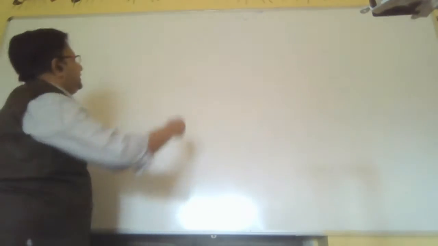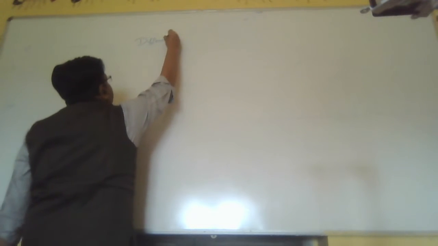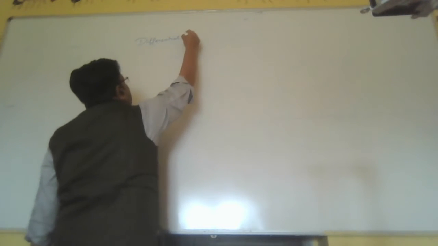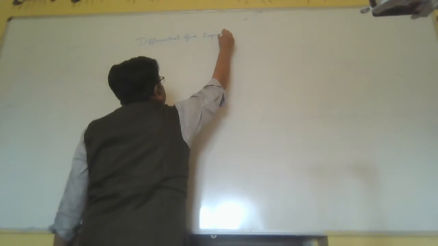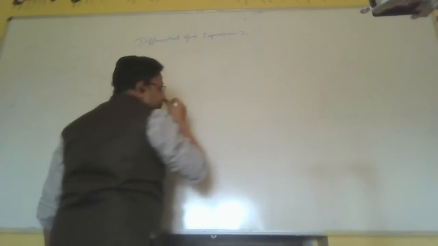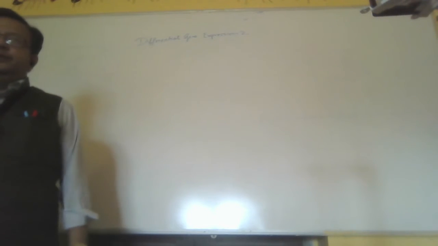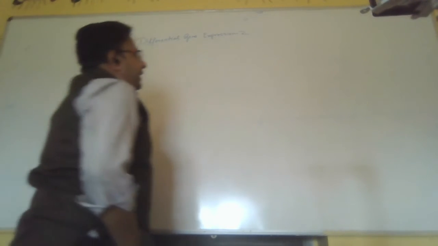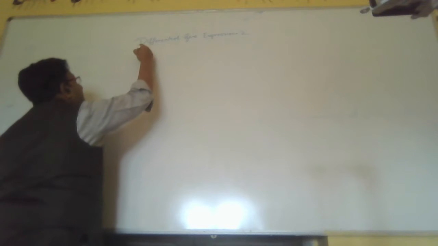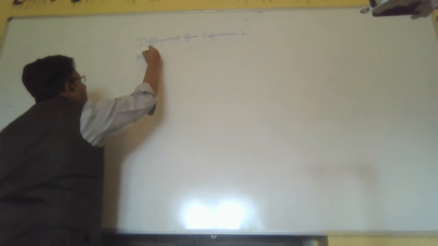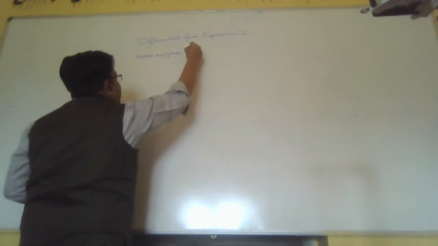So, to start today's differential gene expression class 2. In the last class, we have seen that these nucleosomes are modified by enzymes known as histone acetylases or HACs.